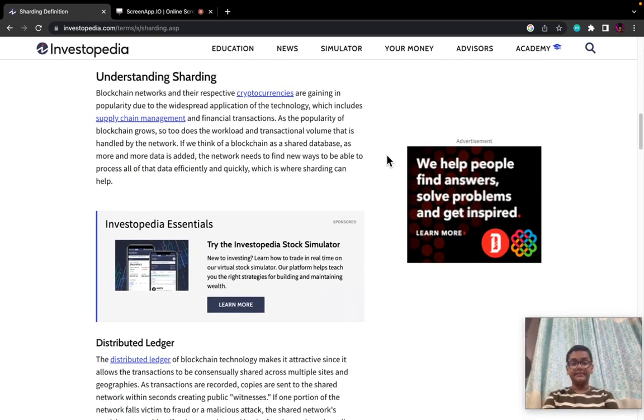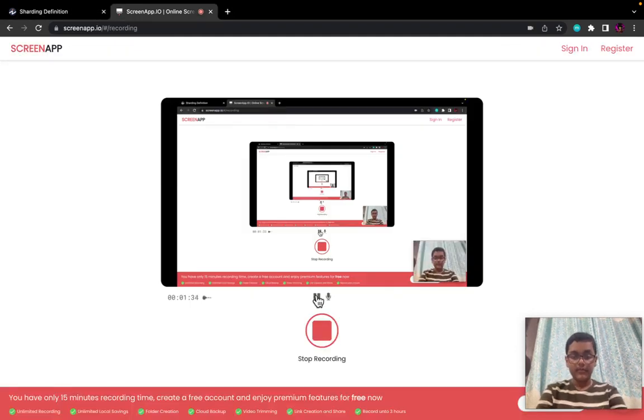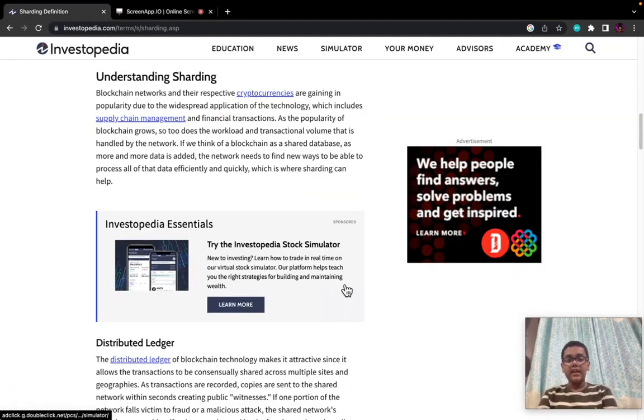Understanding sharding. Blockchain networks and their respective cryptocurrencies are gaining in popularity due to the widespread application of the technology, which includes supply chain management and financial transactions.